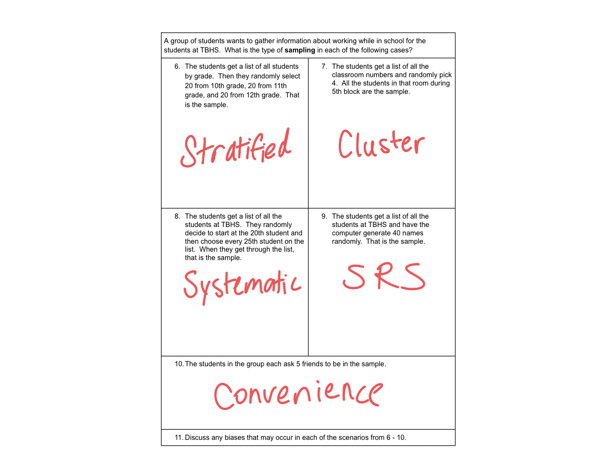And then last but not least, it says to discuss any biases that could occur in 6 through 10. So number 6, when we're talking stratified, in this scenario, we listed students by grade and then randomly selected. There could definitely be some bias here, okay.